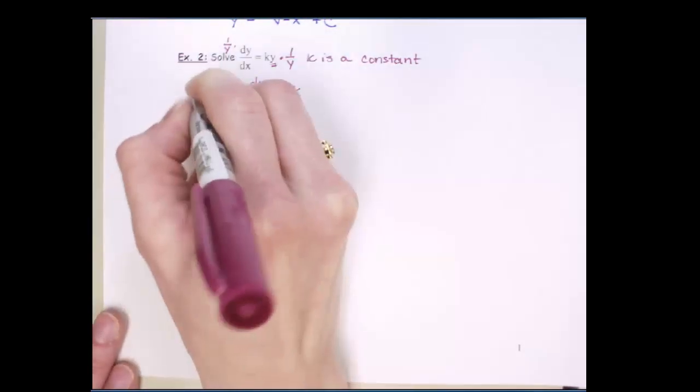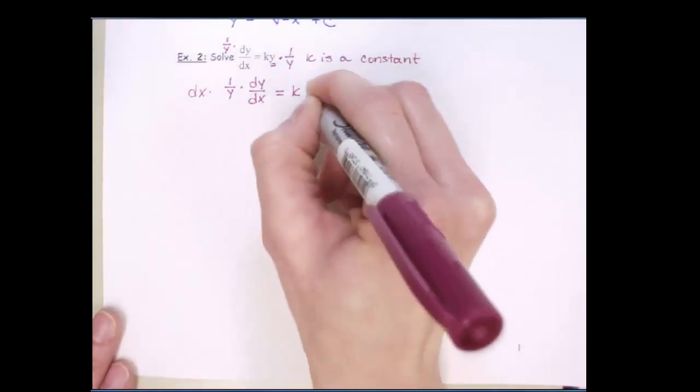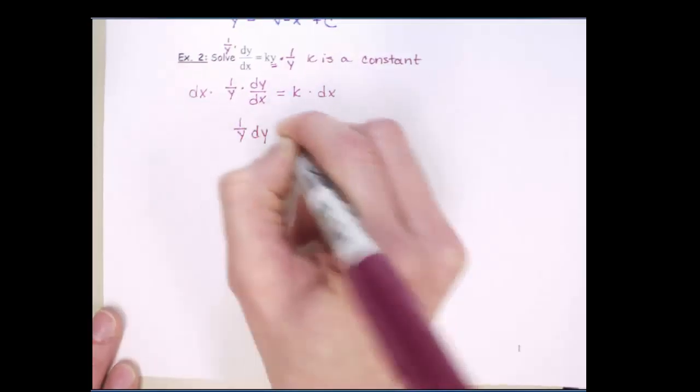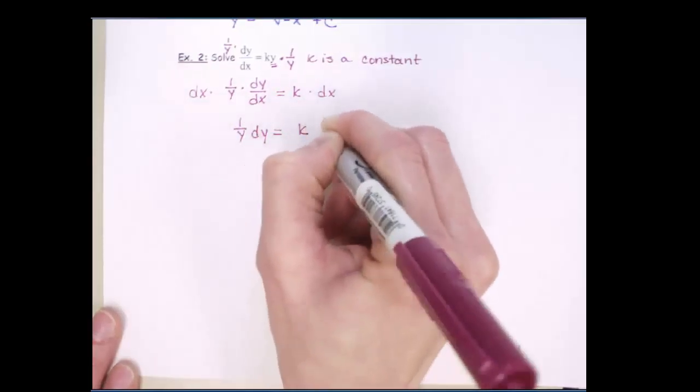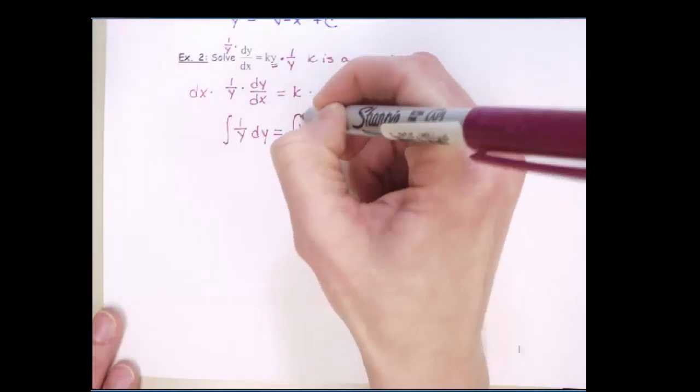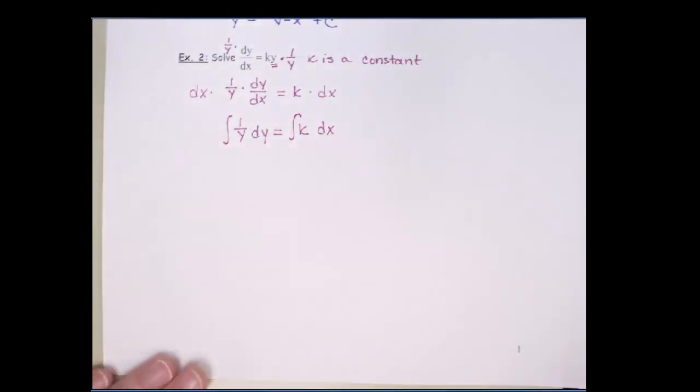And then again, I need to get the dx out of the denominator, so multiply both sides by dx. So I have 1 over y dy equals k dx. And then you're going to put an integral sign in front of both of these because we're finding the antiderivatives. Integral sign means find the antiderivative.